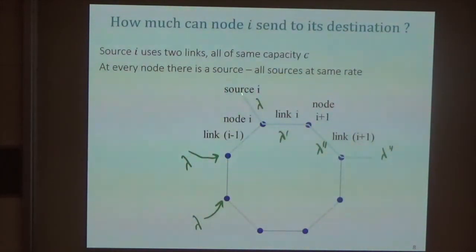Now what will happen if the source is sent at a very large rate, there might be congestion. If the rate of access here is much larger than the rate here, there might be congestion. So the rate lambda at which a source sends results in a rate lambda prime, which is the rate of information, in packets per second or bits per second, at which the flow is sending here.